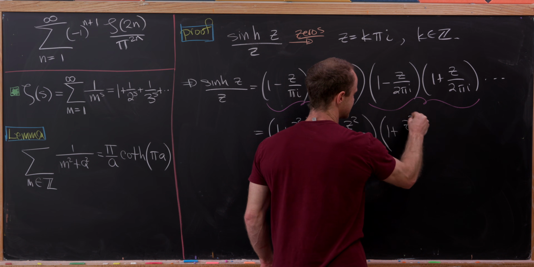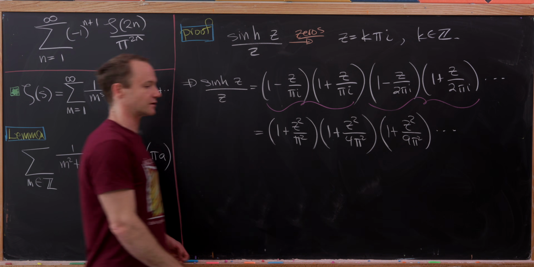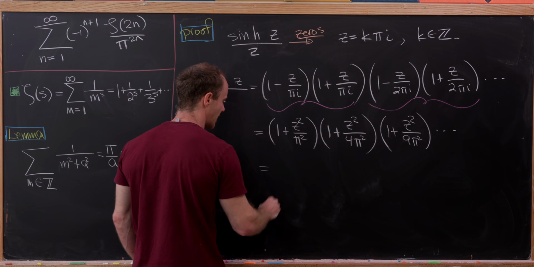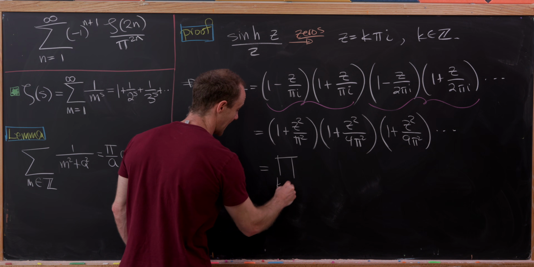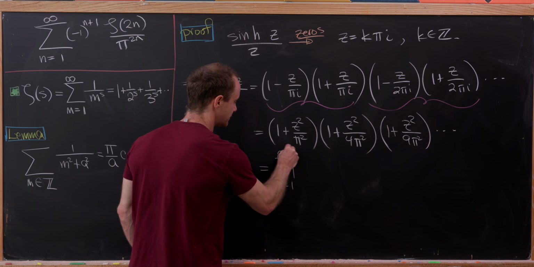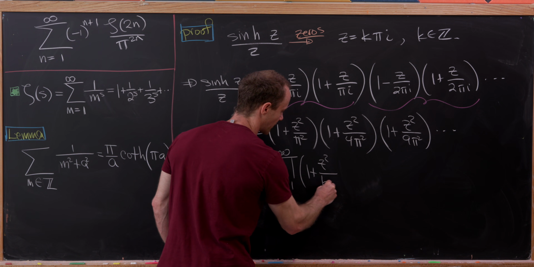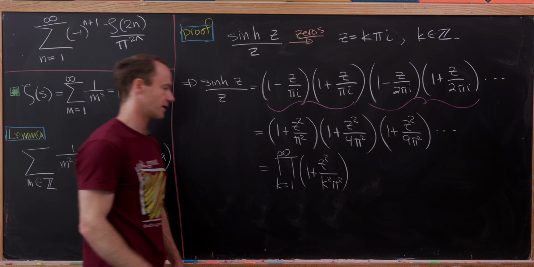It's 1 plus z squared over 9 pi squared, and then so on and so forth. So if we could put this together into product notation, this will be the product as k goes from 1 to infinity of 1 plus z squared over k squared times pi squared.